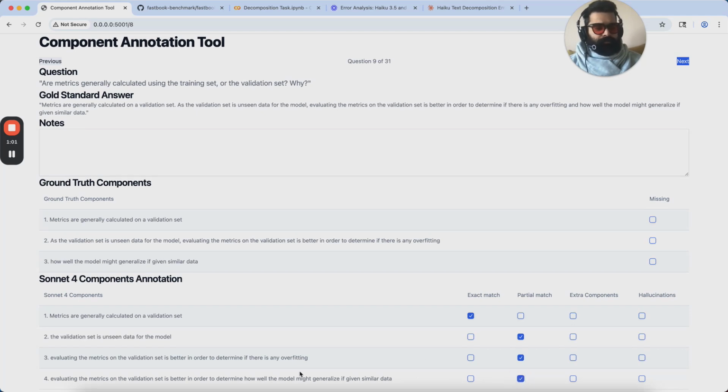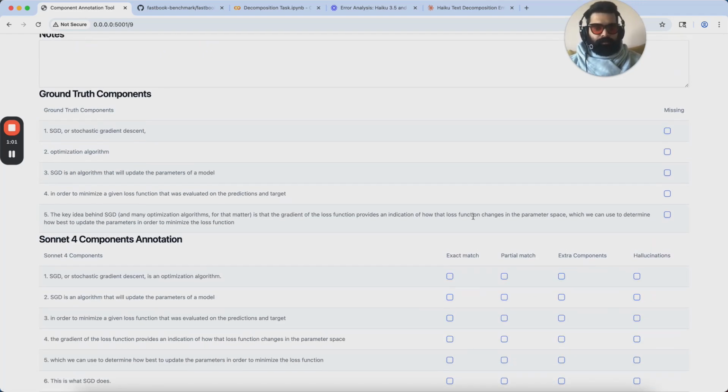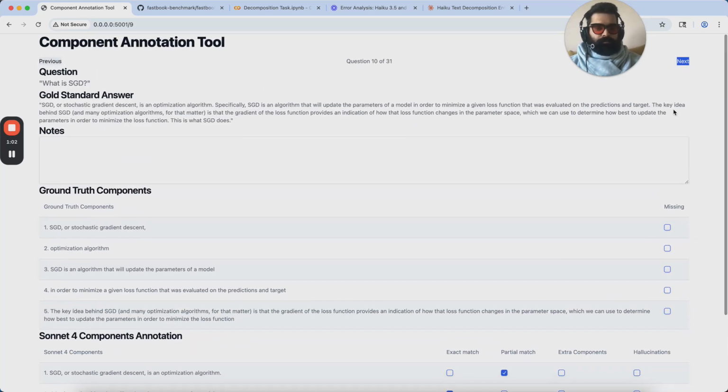I'll just say partial match, even though there's some extra stuff in there that I didn't put, but that might turn out to be just more context that is not necessarily wrong. Okay, we got partial, exact, exact, partial, partial, extra. No missing.